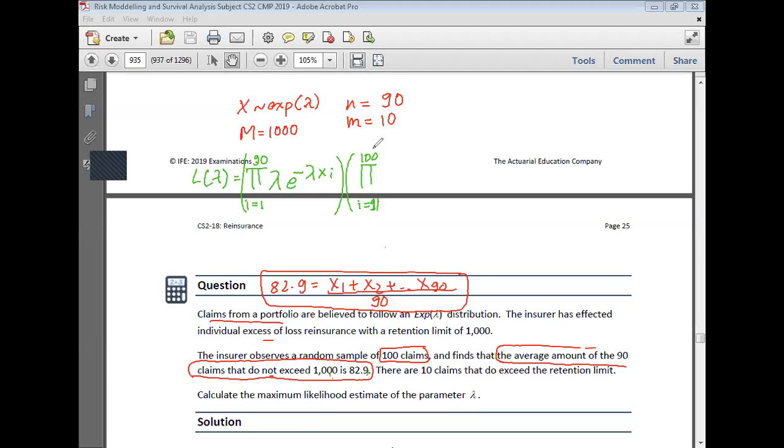Then it will be the probability of x greater than m, which over here is 1000. So now I'm just looking at the probability that I get a value of x greater than 1000, right?